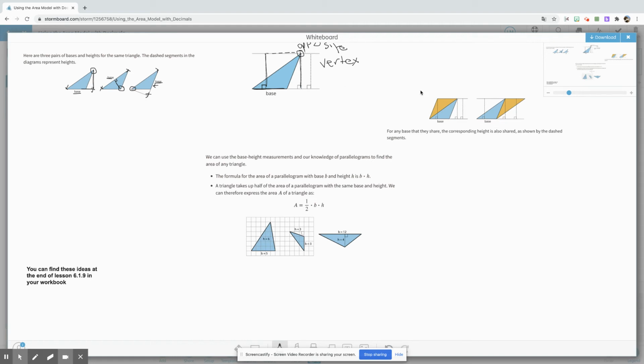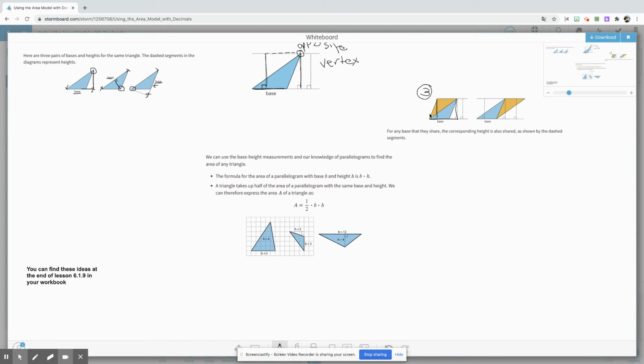Remember when we did our work, this is our third step, we had originally worked with parallelograms. And for any base they share, the height is also shared. And we did some practice with that, where you could create a shared height.